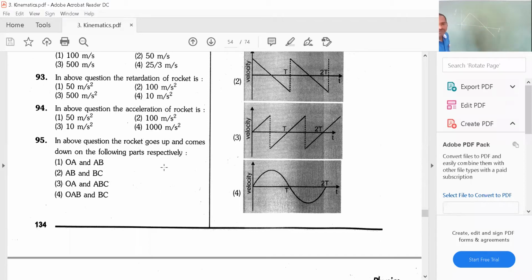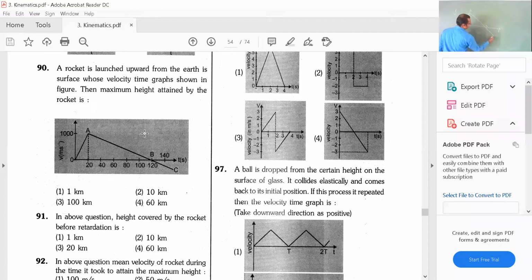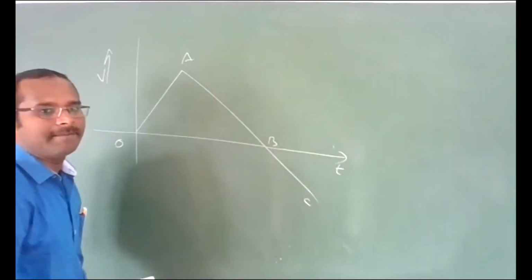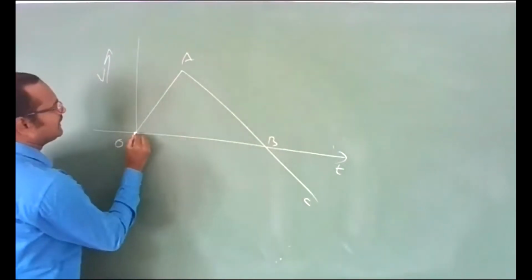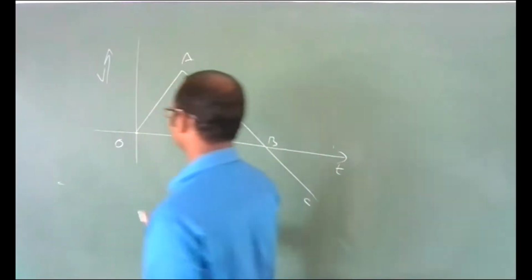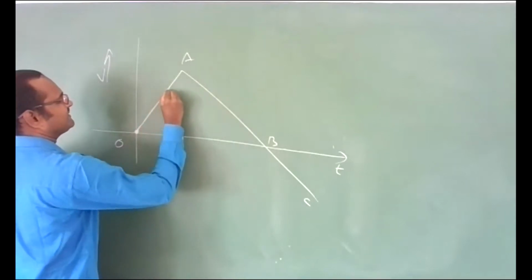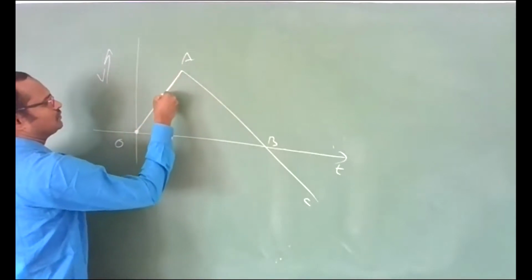So I'll take that diagram exactly. O, A, B, C. This is O, this is A, this is B, this is C. What they are saying is, the rocket is going up and coming down in that following path. Where is the rocket going up? Here, see, as the rocket is going up like this, acceleration is positive.